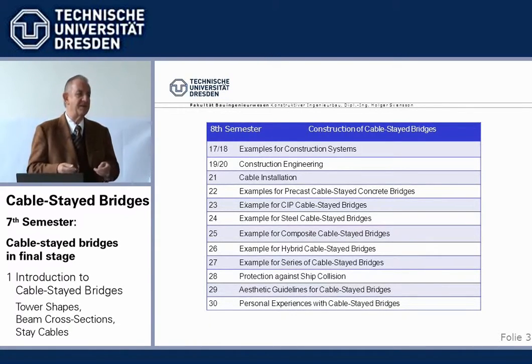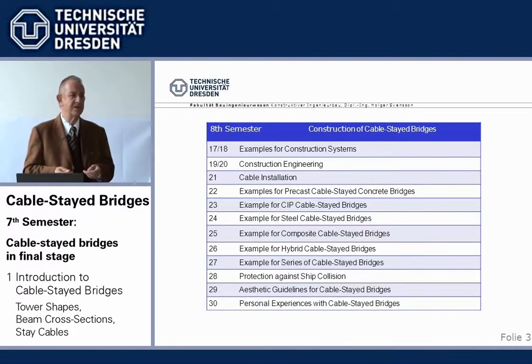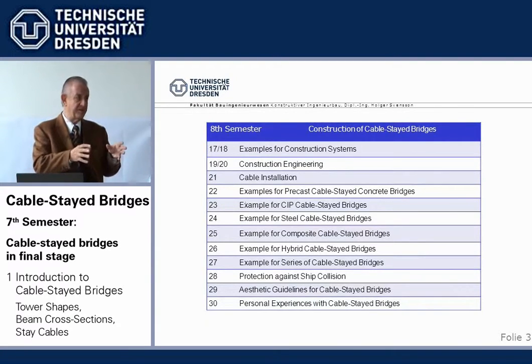When we start designing a cable-stayed bridge, we have always, from the very beginning, to consider in the back of our mind how to put the thing together. What are the circumstances, what makes it special. So, this semester, the final stage, next semester, construction, including construction engineering, how to calculate the intermediate stages.